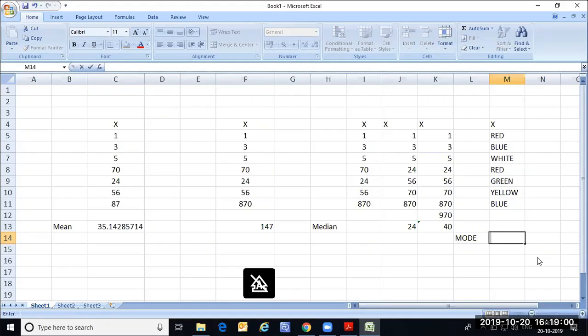Blue and red. So how many modes do I have? Two modes. Bimodal. If you have more than two modes in your data, that's called multimodal. Unimodal, bimodal, multimodal.